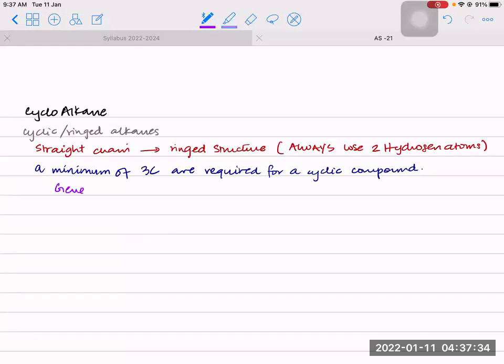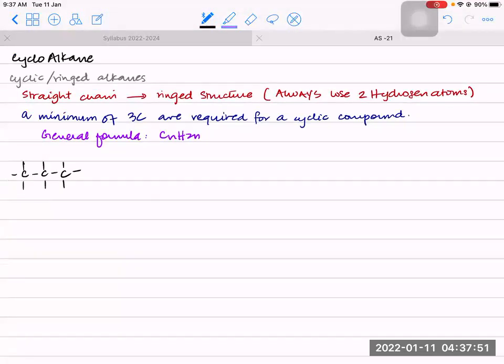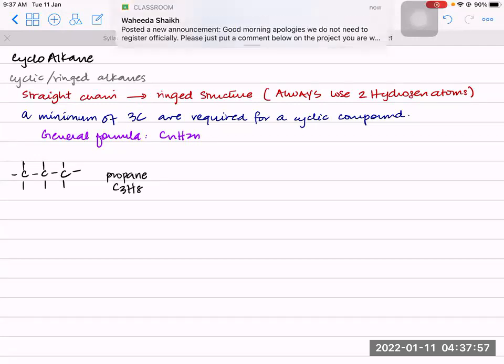Now the general formula for cycloalkanes is CnH2n. Let's see. So we have propane, which is a 3 carbon straight chain alkane. I'm not putting the hydrogens, but you get the point that this is C3H8, straight chain propane.